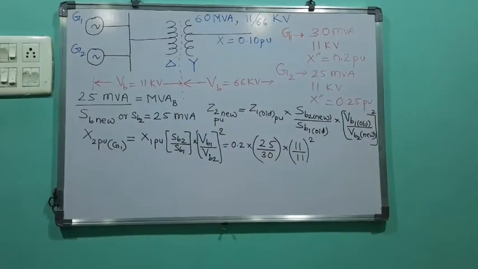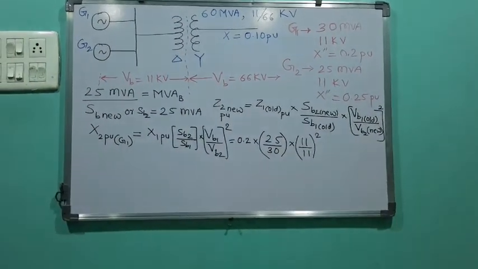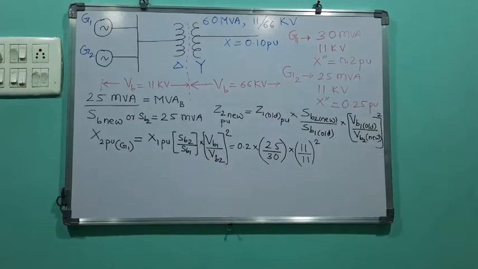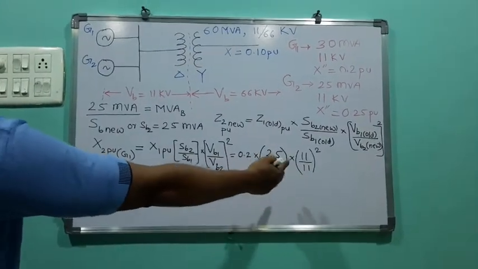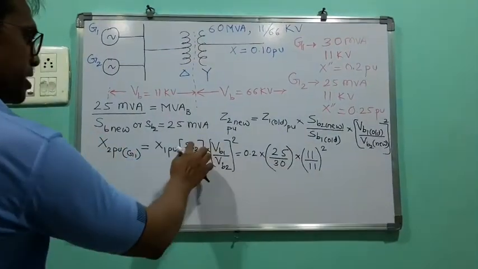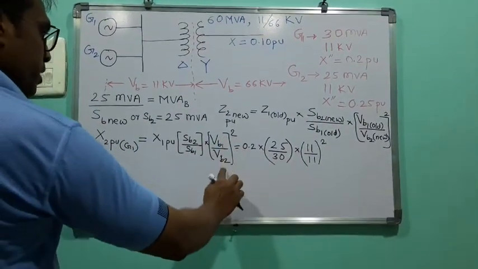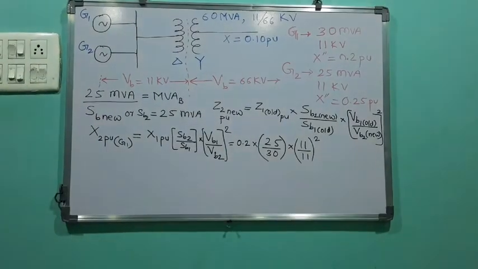Understood what I am saying? You have to find out the value of X2 for generator 1. So 0.2, then 25 divided by 30, that is SB2 divided by SB1. Now VB1 divided by VB2, that is 11 by 11 whole square.